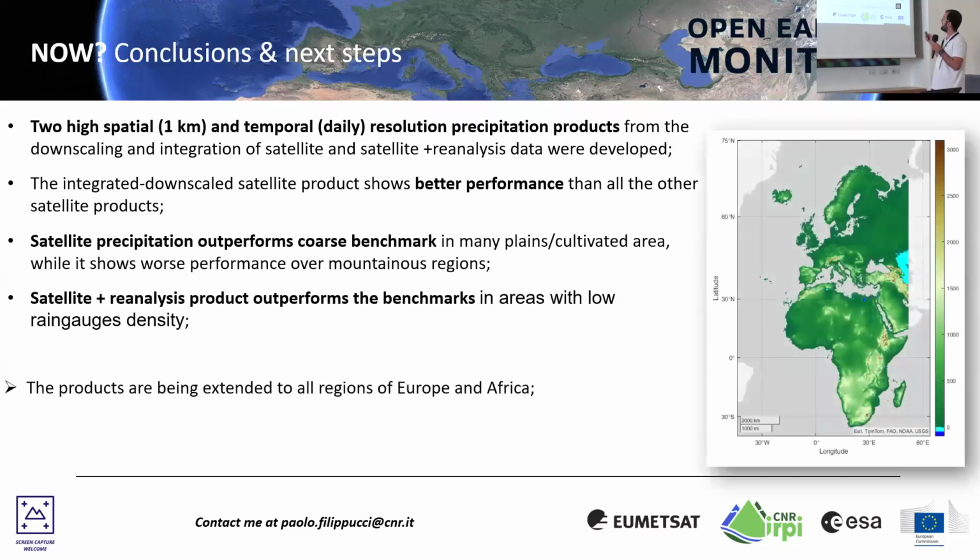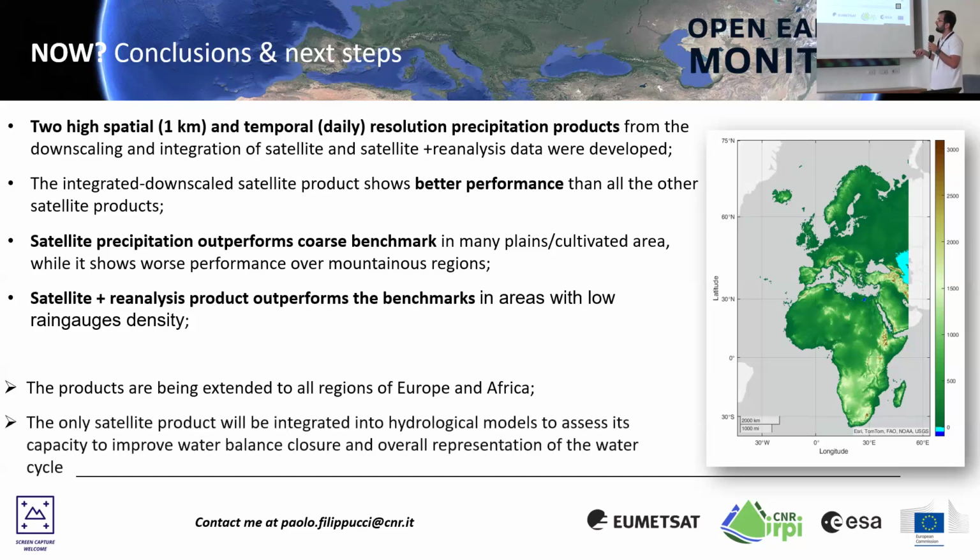The products are now being extended to all regions of Europe and Africa. This is almost done within the Digital Twin Earth Hydrology. So for all this area, we have 1 kilometer daily estimation from 2007 to 2024.